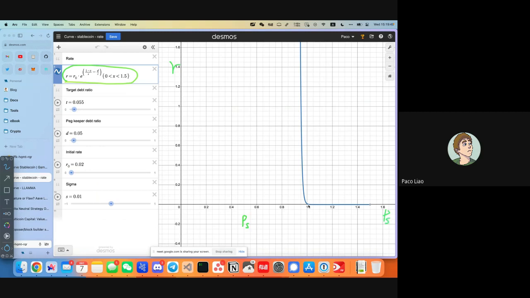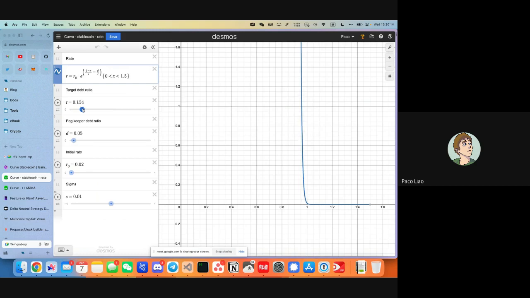So with the stablecoin price greater than 1, the ratio is pretty low. So it will encourage people to mint more Curve USD to lower down the price, and the borrowing rate will be low. But if the price goes down and below 1, this rate will increase rapidly. So it will increase very fast.